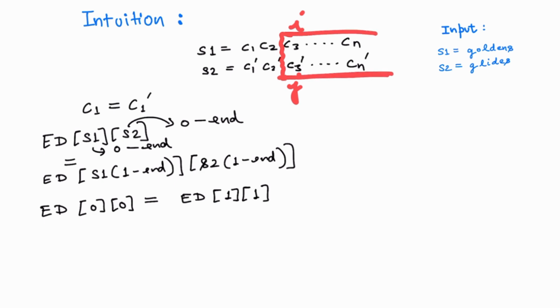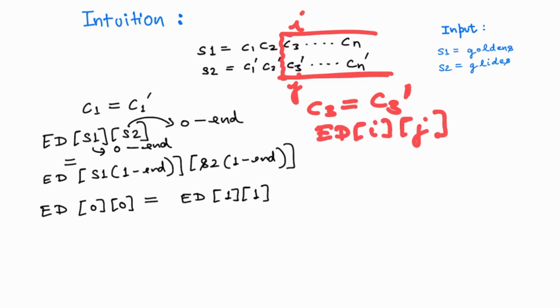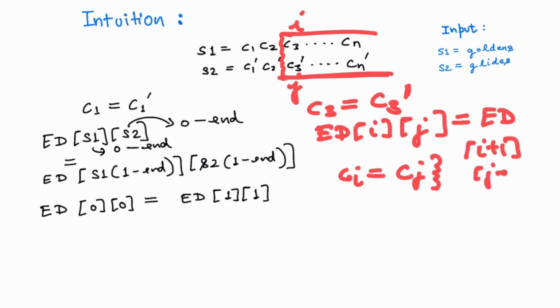Now if C3 is equal to C3 dash, this equation should hold true. So we can say that ED of IJ, when the character of the string 1 at I is equal to the character of string 2 at J, is equal to ED of I plus 1 and J plus 1.